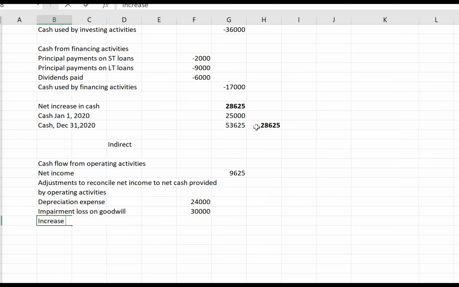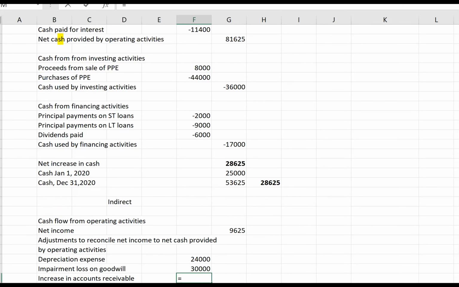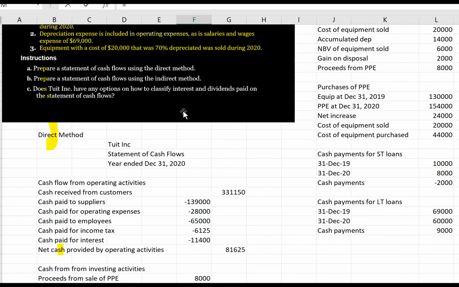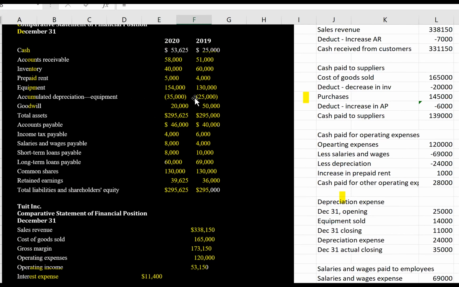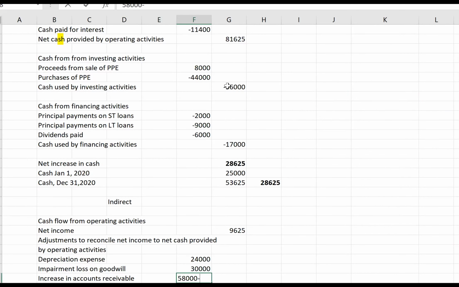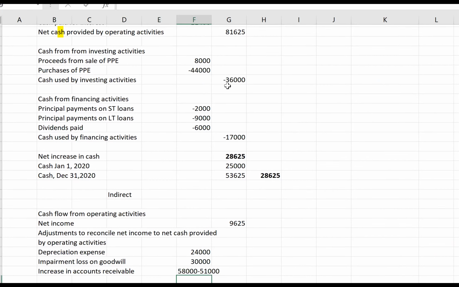Next, we're going to go through our working capital lines, and we're simply just going to list out the increase or decrease in each item. So let's see what we've got here. So accounts receivable. Let's just figure out what the change in accounts receivable was again. So we had 51 to 58. So it increased. So 58,000 minus 51,000 is the increase.